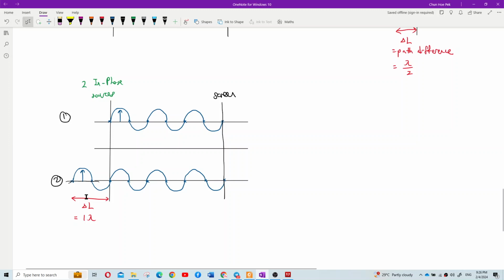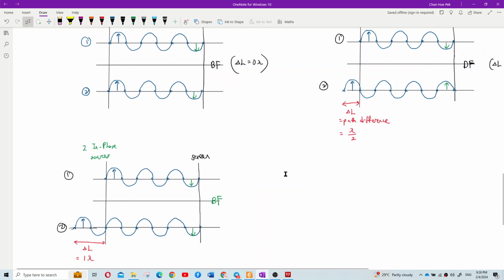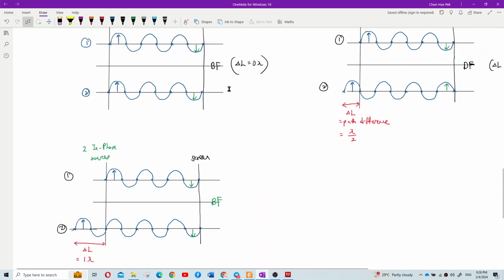So if the path difference is 1 lambda, what happens on the screen? Constructive or destructive interference? They become the same direction, so they produce a bright fringe now. Do you see, class, that the path difference is very important?